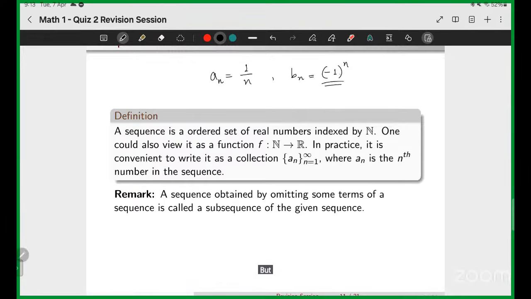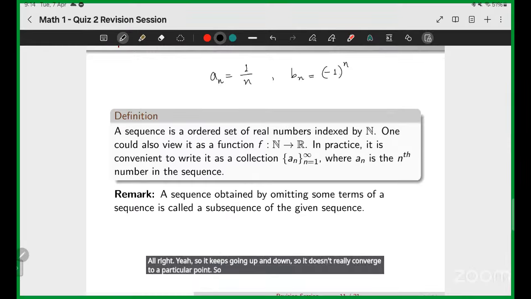But does the same behavior happen for this sequence b_n? No, it alternates between either 1 or minus 1. Yeah, so it keeps going up and down. So it doesn't really converge to a particular point.